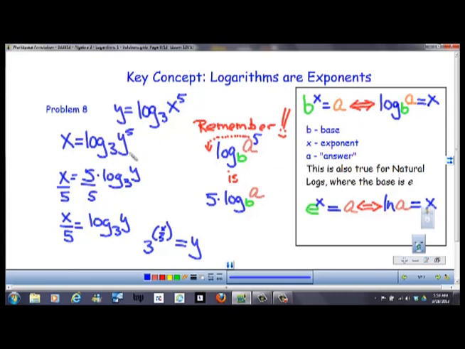First we have to transpose x and y. We have x is equal to log base 3 of y to the 5th. Next thing we can do is move the 5 over. We have 5 times the log base 3 of y. Divide both sides by 5. We have x over 5 is equal to log base 3 of y. All of this is the exponent. 3 to the x over 5 is equal to y.